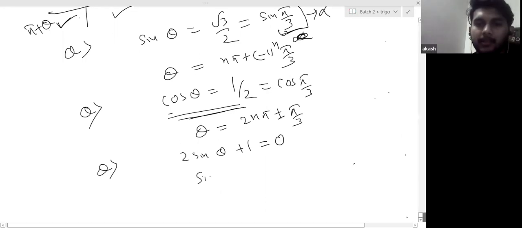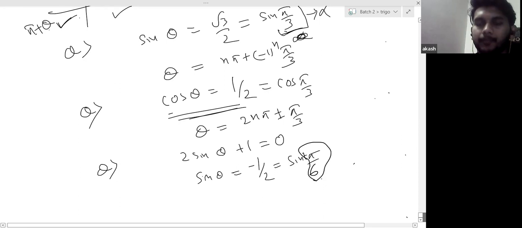We can write this as sine theta is minus half, and minus half first time will be 7 pi by 6. So alpha is 7 pi by 6.